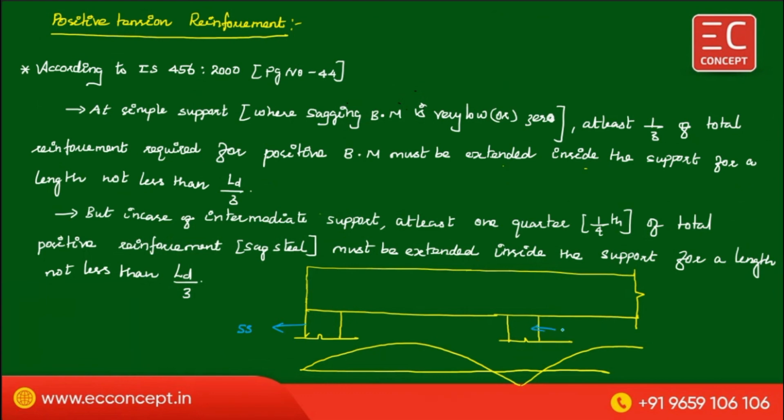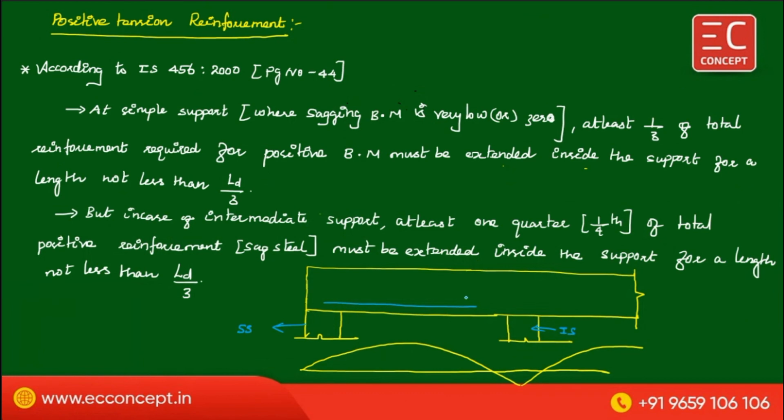This is the intermediate support. The AST that you have to extend for a length of, this is the simple support. The positive reinforcement, this is the positive reinforcement, right?